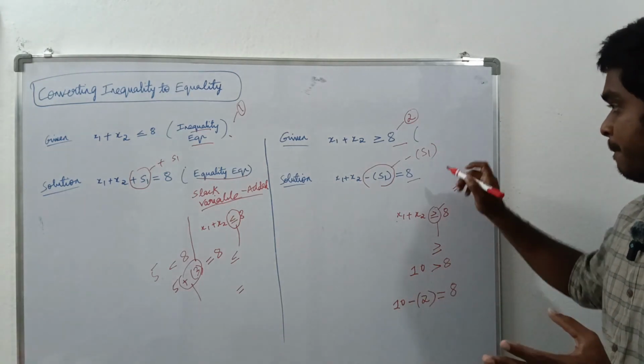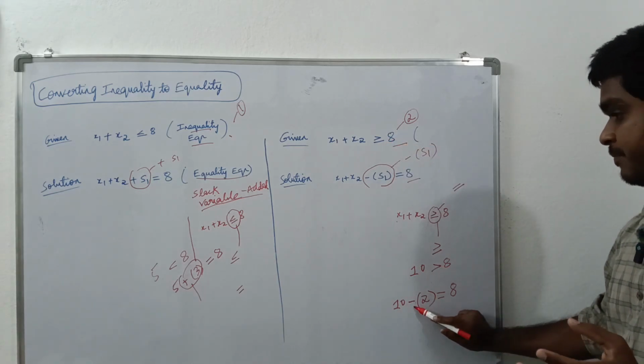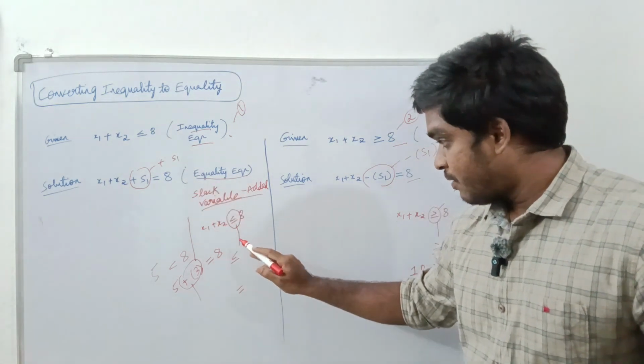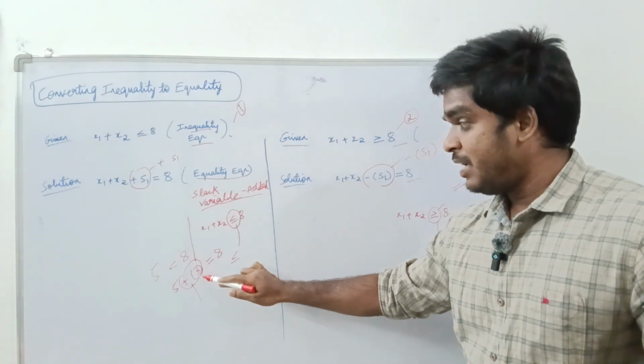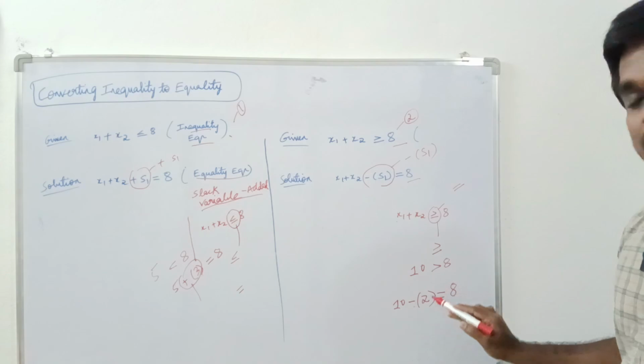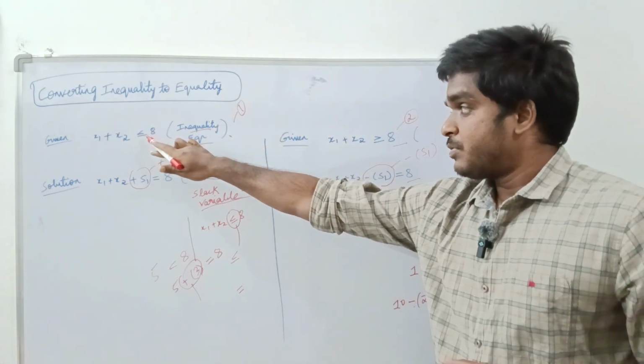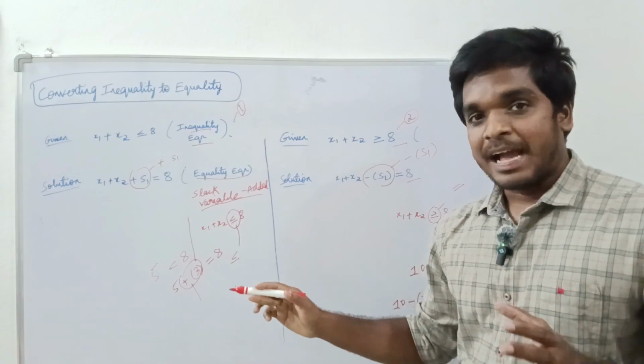If you notice, for greater than sign we are subtracting. For less than sign we are actually adding, we are adding plus 3 here. This is the difference actually. For a less than or equal to sign, we are adding a slack variable.